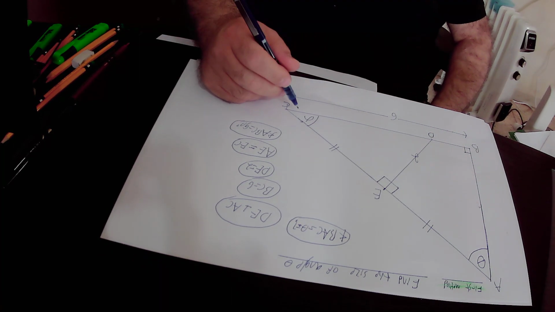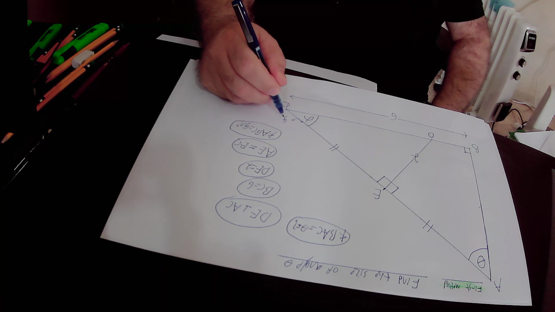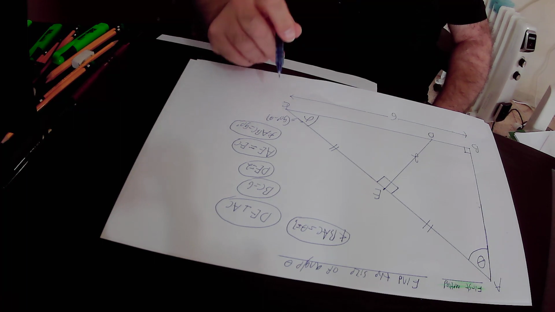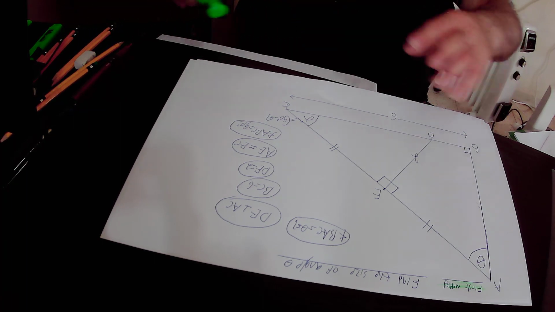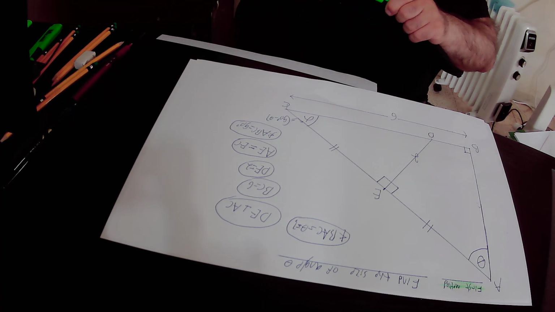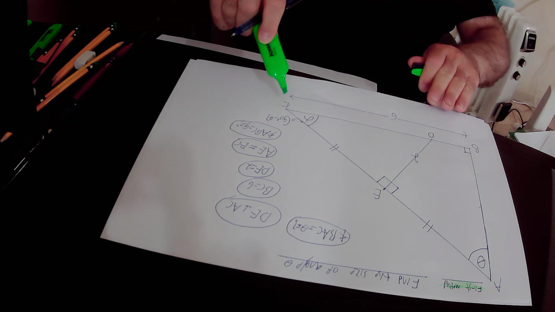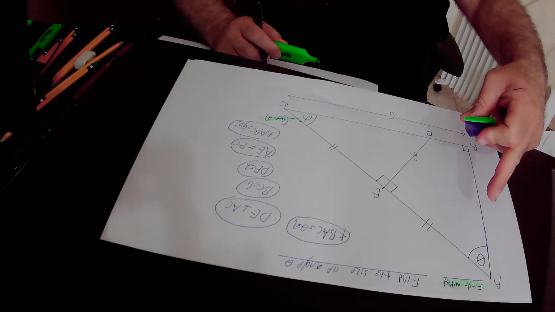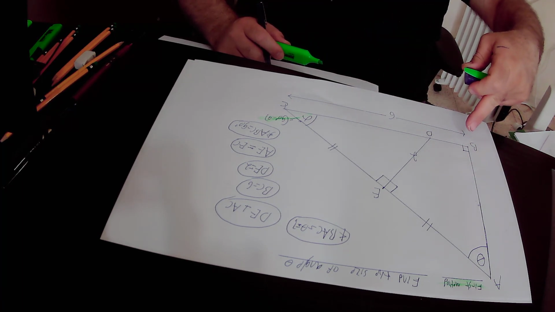So this angle must be equal to 90 degrees minus theta in order to complete the sum of the angles in the right angle triangle ABC to 180 degrees. Here 90 degrees minus theta plus theta is 90 degrees, and 90 degrees plus 90 degrees is 180 degrees.